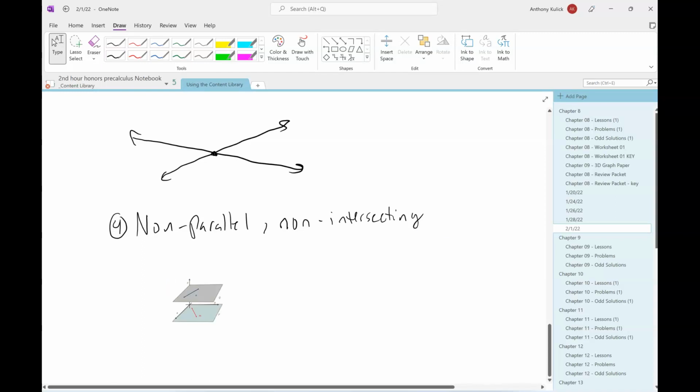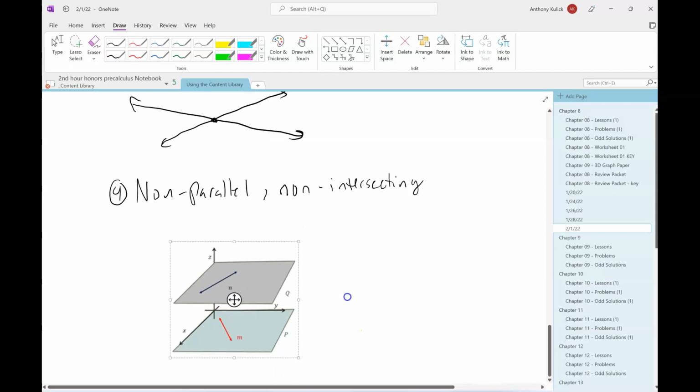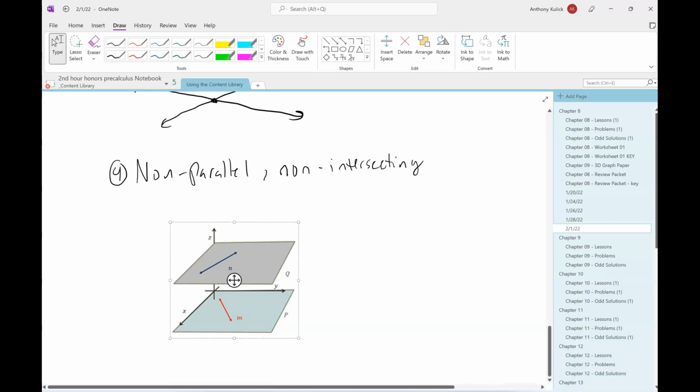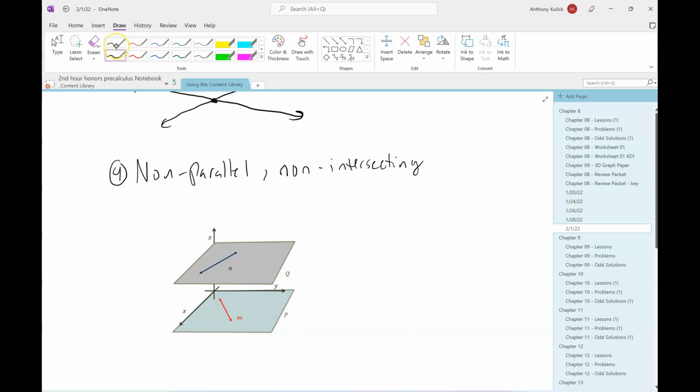So imagine something like this. We have these lines M and N that are in distinctly different planes, and they're obviously not parallel because there's no plane that I can draw that's going to contain both lines in which they would be parallel. So that's our 4 outcomes.